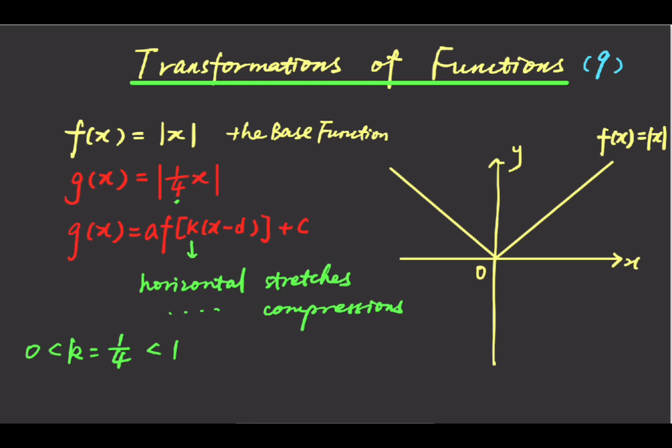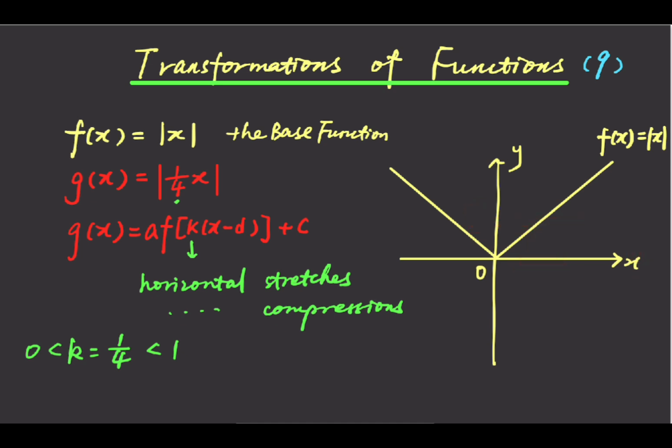That is to say, for every point, if we want to keep the y-coordinate unchanged, we need to amplify the x0 by 4 as the factor.